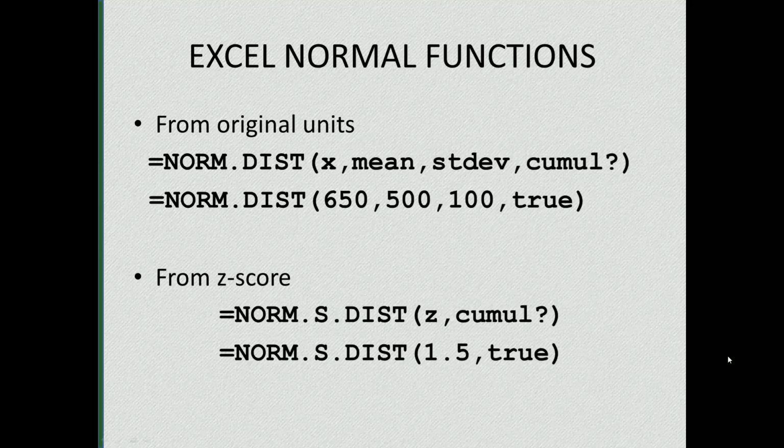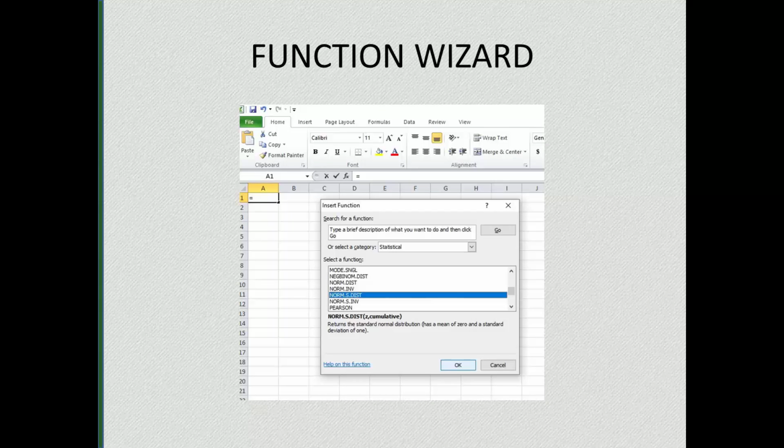You don't have to remember the exact syntax. Remember, you can always use the function wizard in Excel. And so click on the cell where you want to put your answer. Hit this FX button up here to bring up the function wizard, and you will get a dialog box that will walk you through constructing the function that you want.